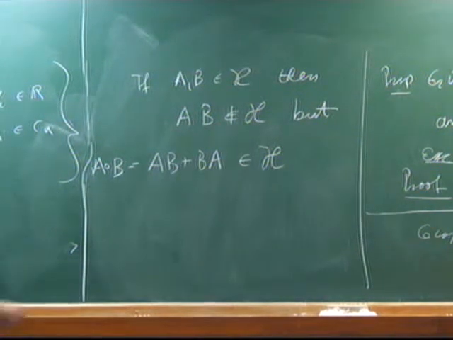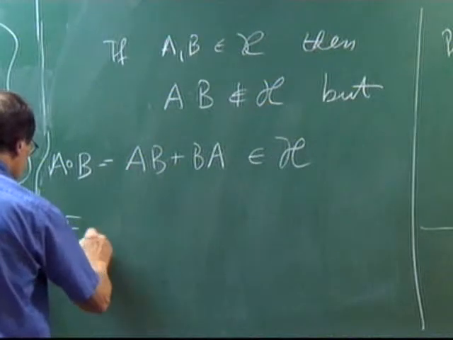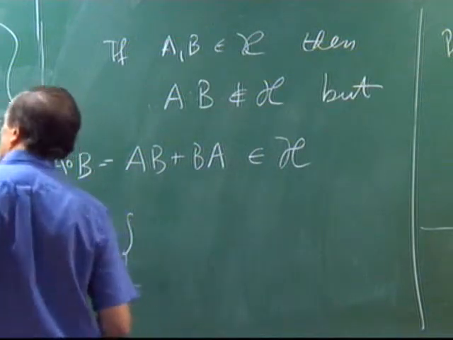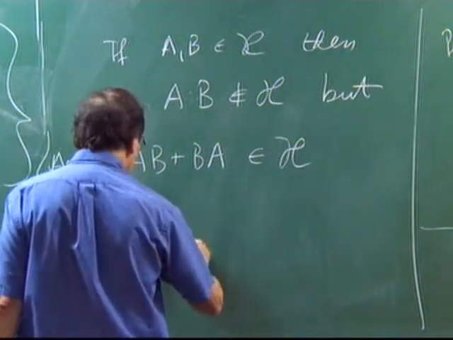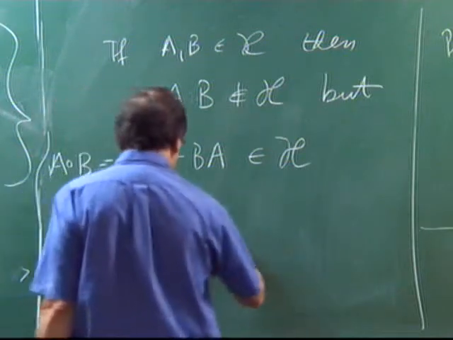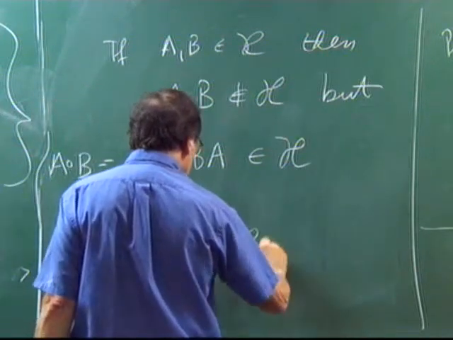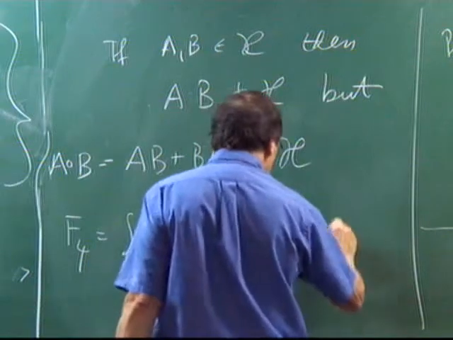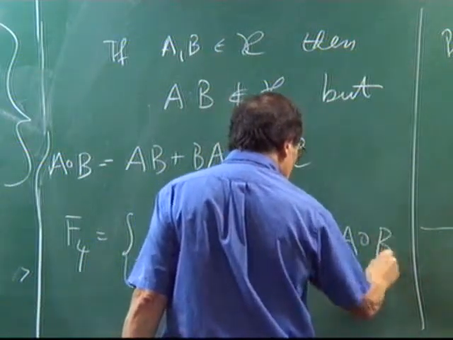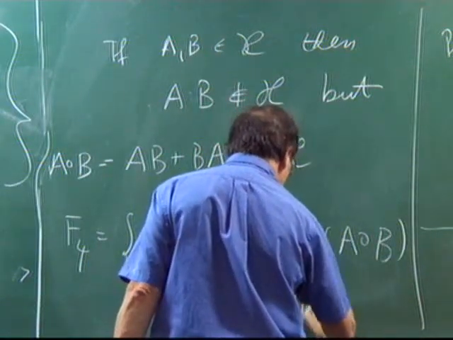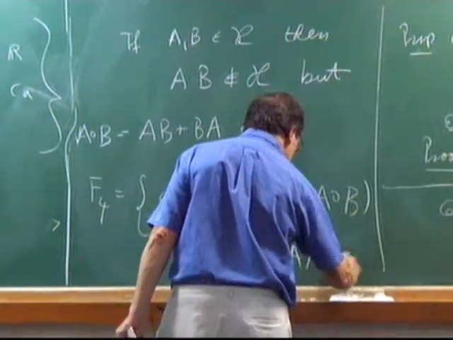And now I can define F4 as the automorphism group of this product structure. So G in GL(H) with the property that G of A circle B is equal to G of A circle G of B.